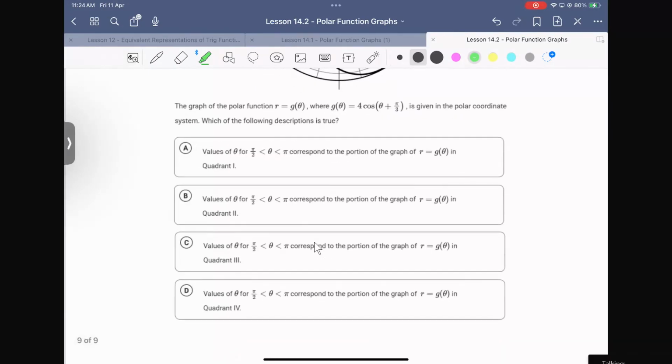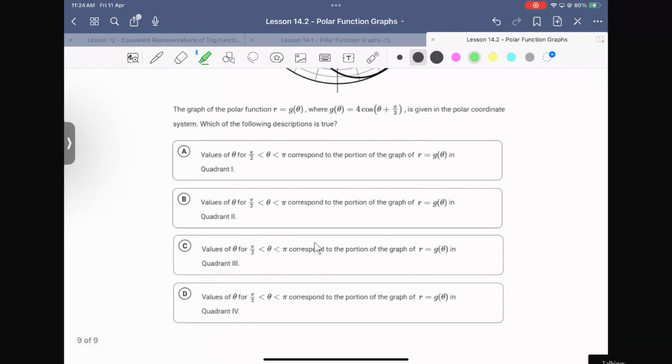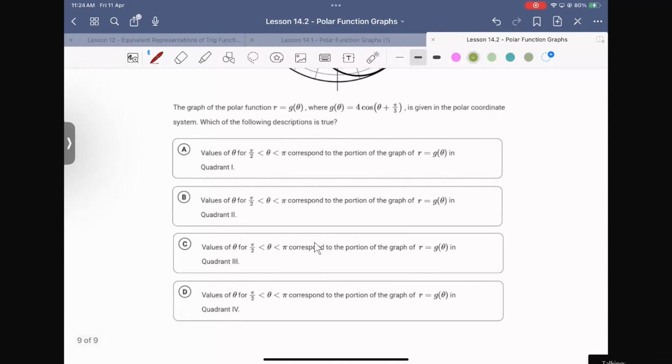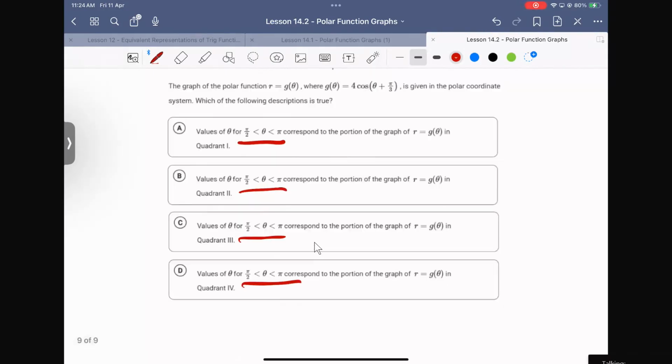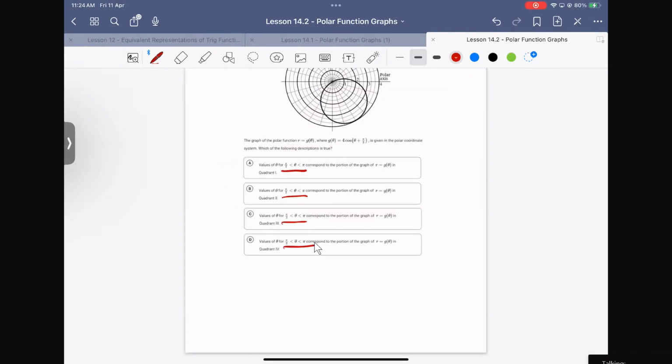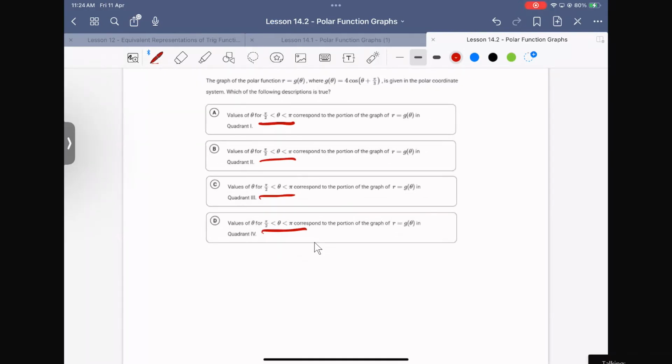In each case, it's the same interval, and we need to figure out, for this interval, which quadrant it's in. It's either the first, second, third, or fourth. I think the easiest strategy for this one will be to sketch those two endpoints and see where they are.